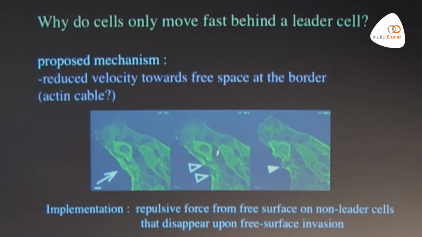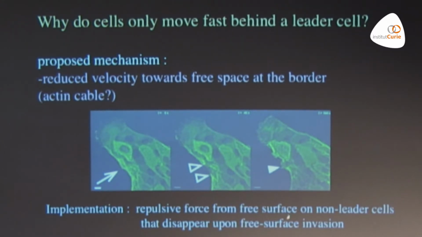So one experiment that Pascal did is to cut this actin cable with a laser, and then what you see is that these cells with a high probability tend to develop a lamellipodium and become a leader cell. So the idea is that when the leader cell goes on the surface, then the others are happy to follow it and move fast. But here, it's difficult to invade.